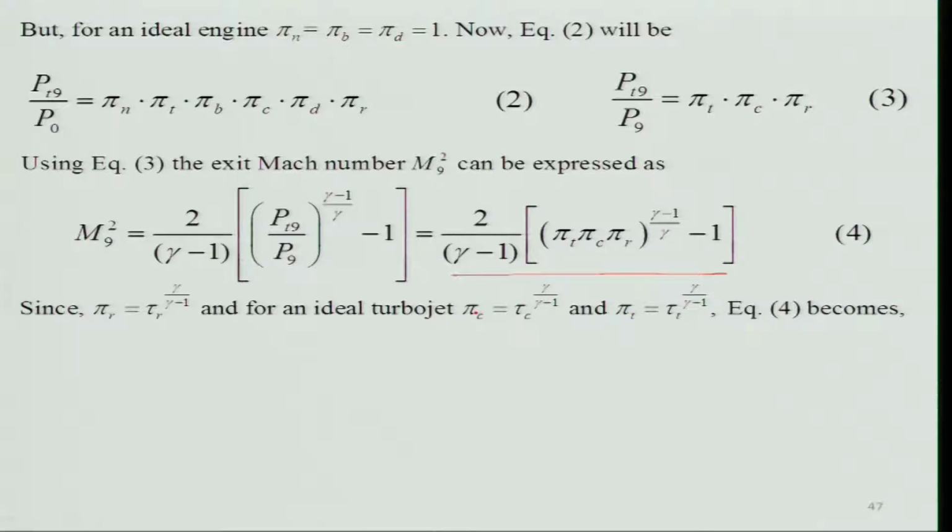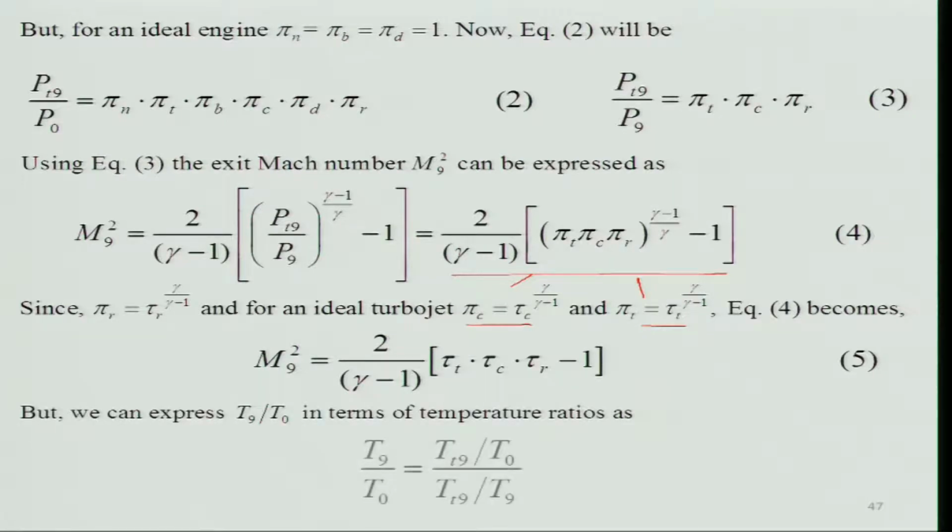Pi means it is the pressure ratio, tau means it is the temperature ratio. So we know the pressure ratio can be related to the temperature ratio with the help of gamma, or the index. So M9 squared, you can write down here itself if I put these values in this place, and also for pi r I can get, instead of pi, in terms of tau, that is tau t, tau c, tau r, right?